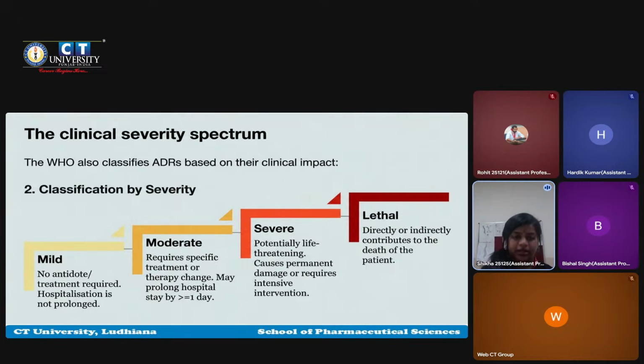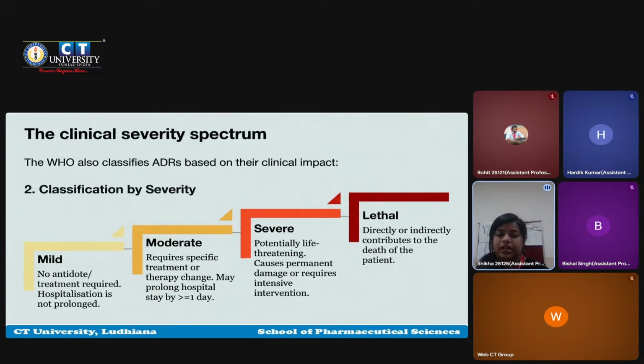ADRs can be mild, moderate, severe or lethal, that is death causing. So mild does not require any antidote. Treatment is also not required and hospitalization is not prolonged. Means if you give normal treatment, then this mild ADR can be resolved.